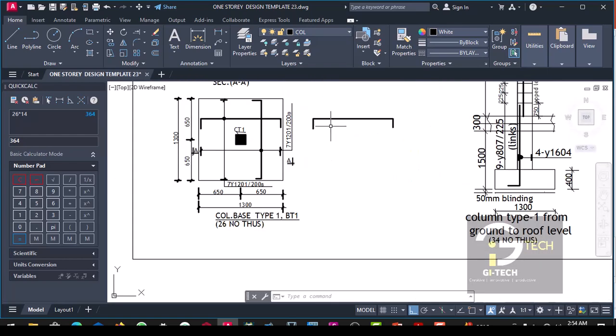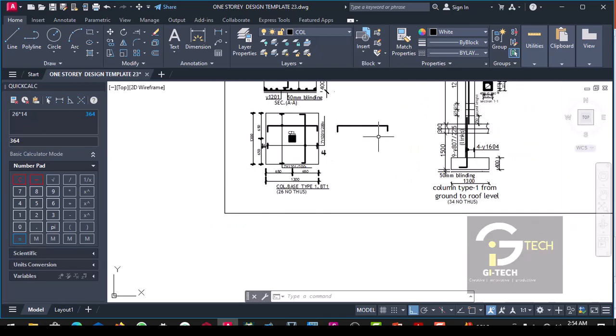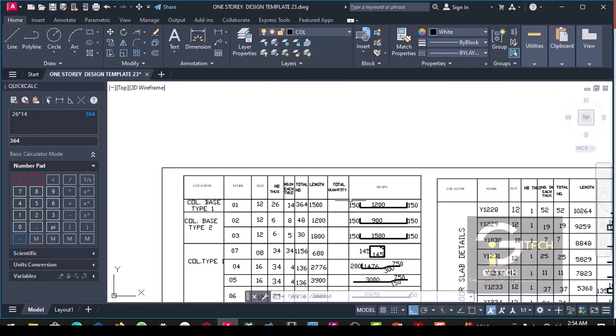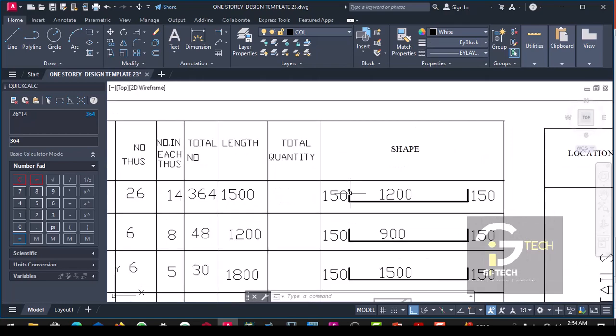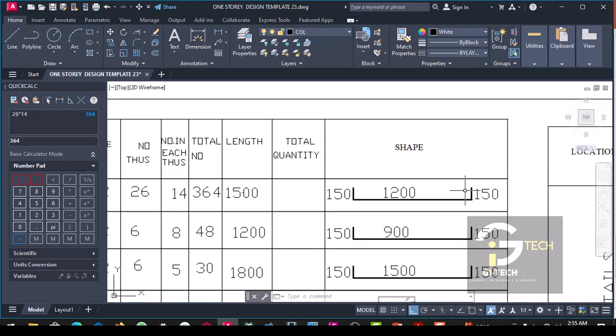Then this other one is the bend up bar, and the length of it is usually 150. That is 6 inches.